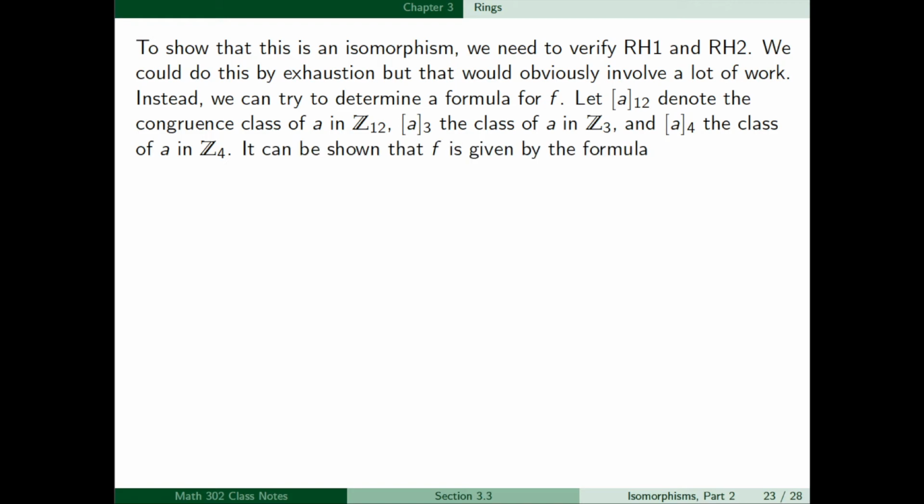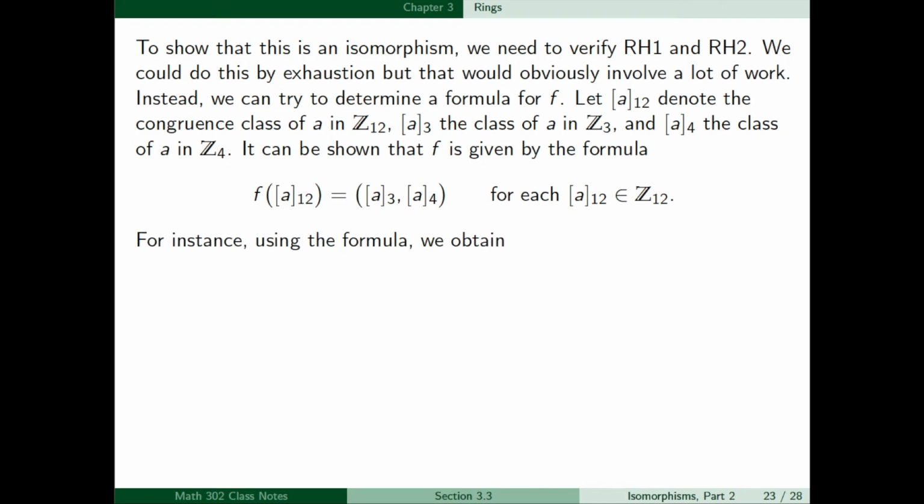It can then be shown that f is given by the formula f of the congruence class A sub 12 will be the ordered pair containing the congruence class A sub 3, comma, A sub 4, for each congruence class A sub 12 in Z12.